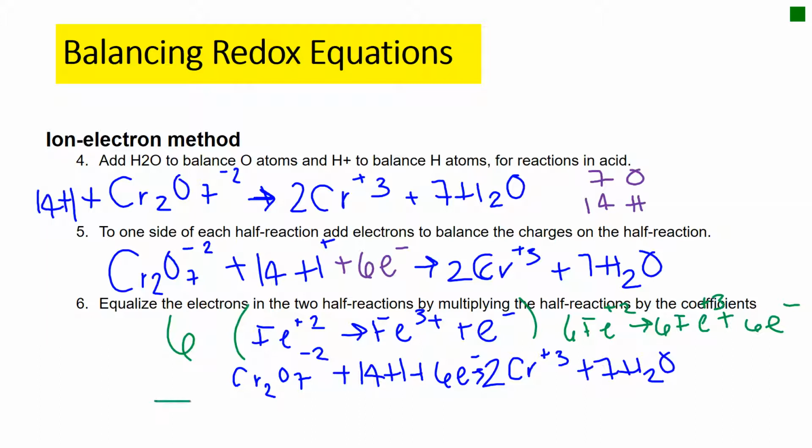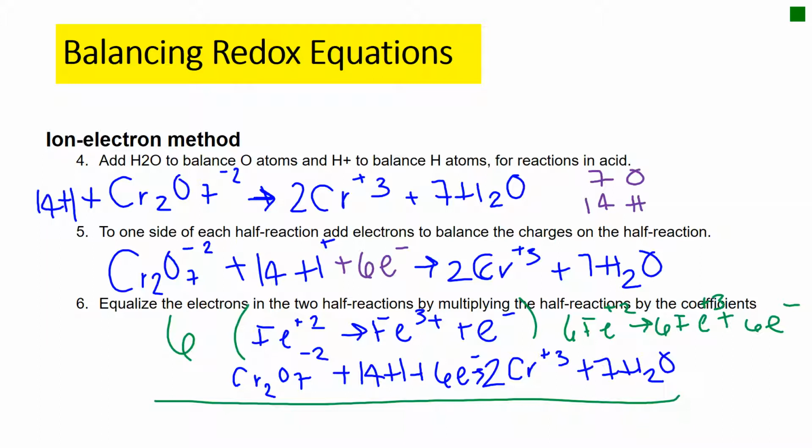So now we are ready to get our overall reaction, and the way we're going to do this is through a process of elimination, basically saying that if we have one element or compound on one side and it is found also on the other side, then they both cancel each other out. So we're going to start by looking at how many 6 Fe's we have on the right and on the left.